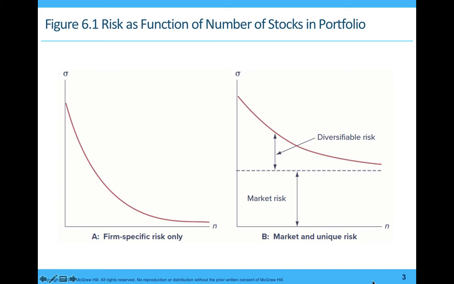Whereas, if you see the red curve, with no diversification, only one stock, one asset, the standard deviation is too high. Then gradually the standard deviation is reducing.